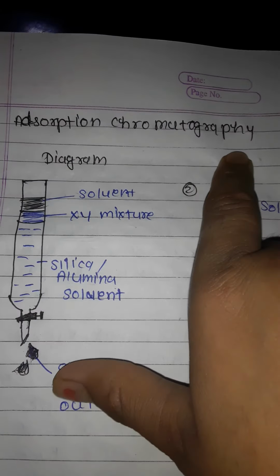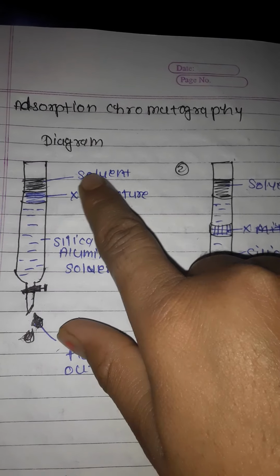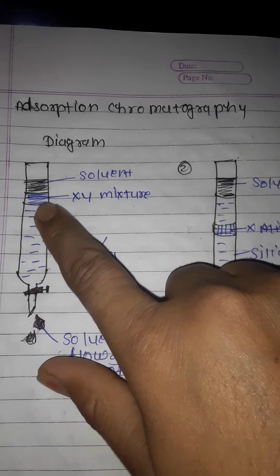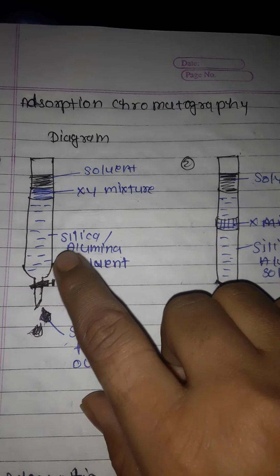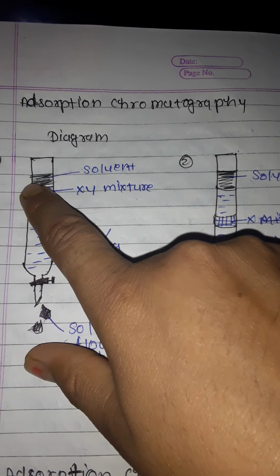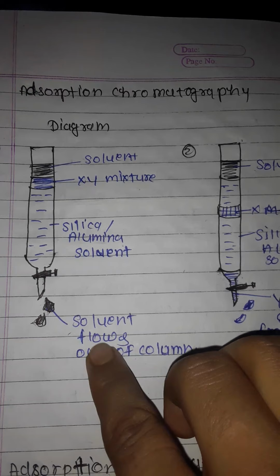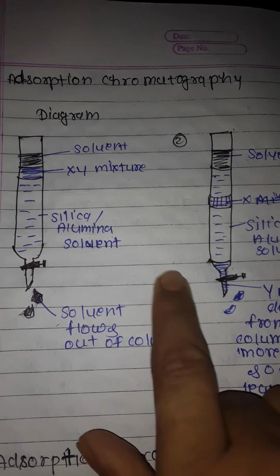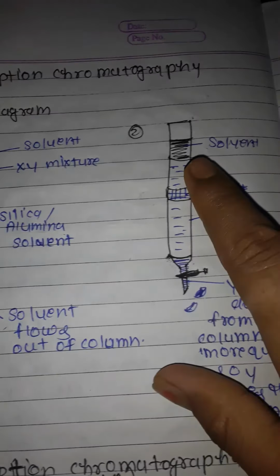This is adsorption chromatography. This is the diagram. Here the solvent is an XY mixture, with silica alumina and solvent. After that the solvent flows out of the column. This is figure 1, and this is figure 2.